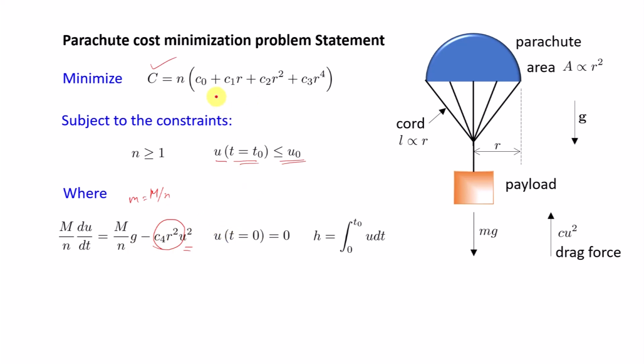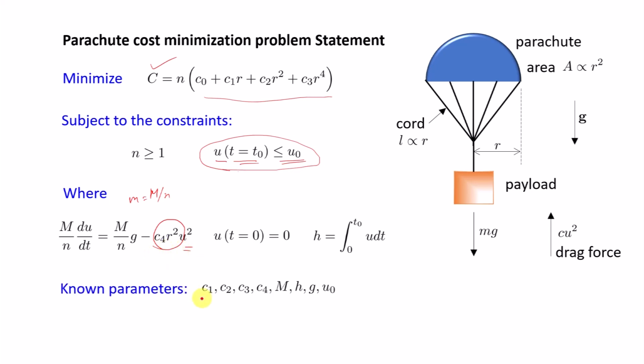So r is the variable I want to play around with to minimize the cost C, and r also appears here. So the overall problem is that we have to minimize this, subject to the constraint that u will be less than u0, and u depends again on r.